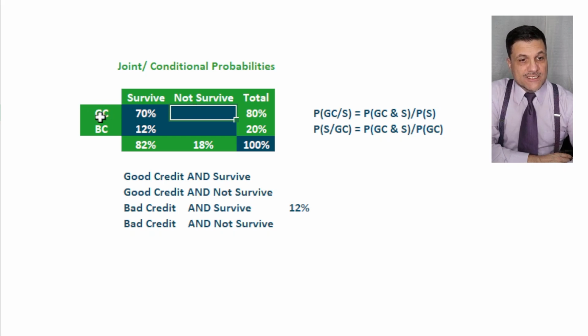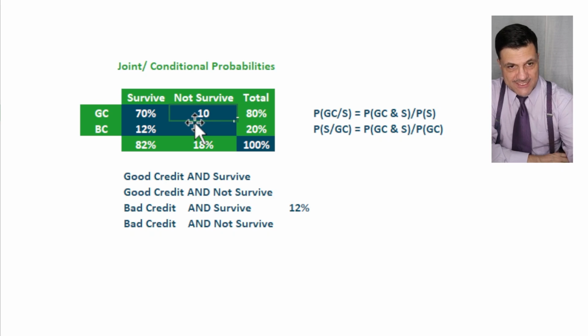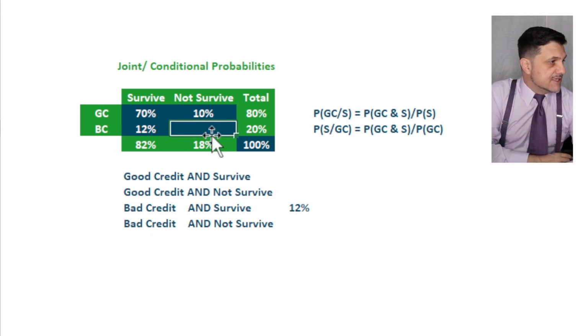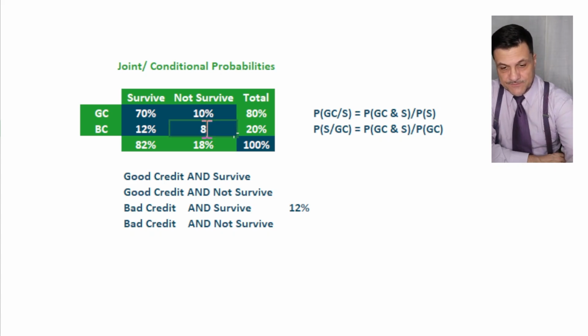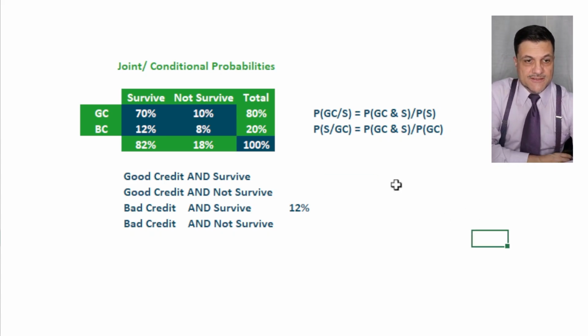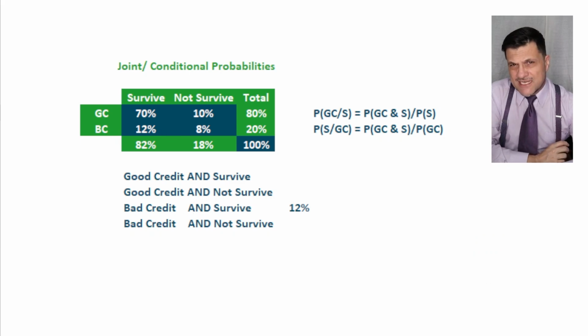So what is the probability of having good credit and not survive? It has to be 10%. And then, obviously, 8% is the probability of having bad credit and not survive. It seems illogical, but in real life, it's actually more likely that a company will survive even if it has bad credit. So that's why the numbers are the way they are. But we're not going to question that.